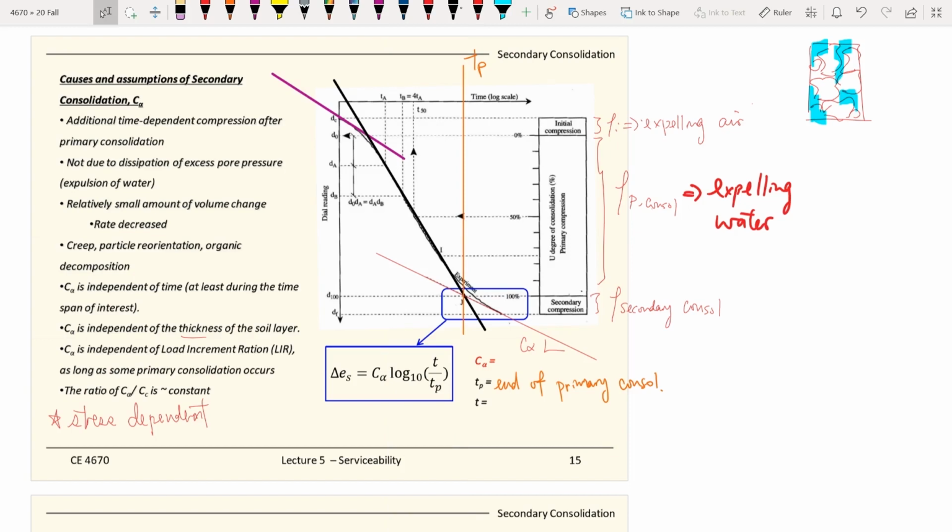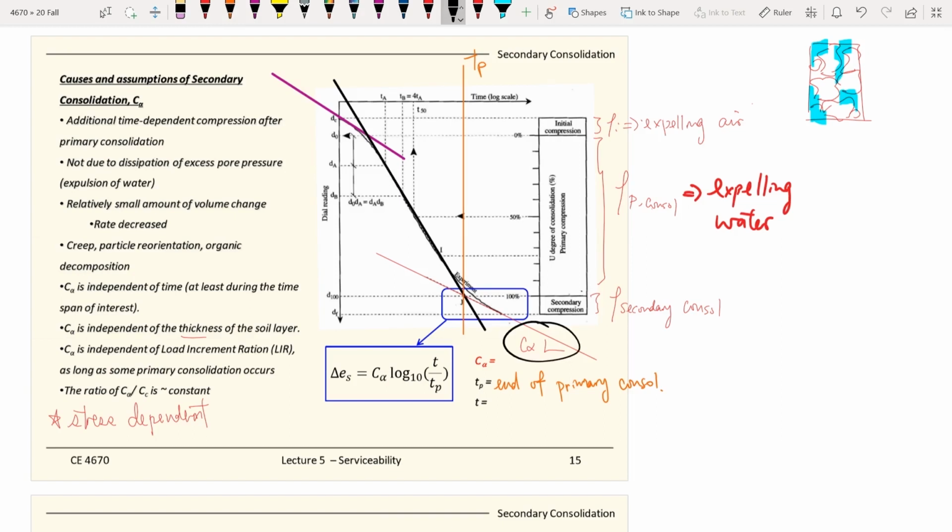So for us to calculate the amount of deformations, which is what we want, right, the amount of settlement from the secondary consolidation, the key parameter here is the slope, C sub alpha, which is this one.